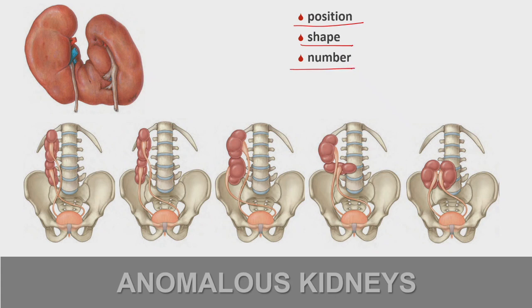The most popular and most known variant is called horseshoe kidney, because it really has the shape like a horseshoe. But we have other fusions of kidneys. Kidney could have position on the other side, and then we have fusions, very frequently fusions of a kidney could be on the other side and could migrate.